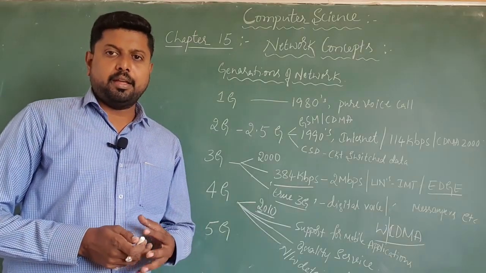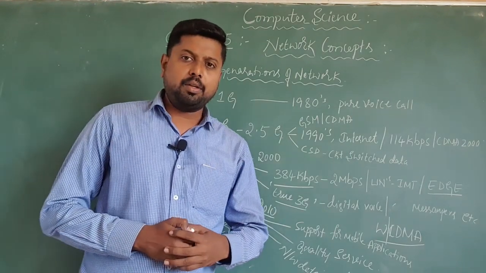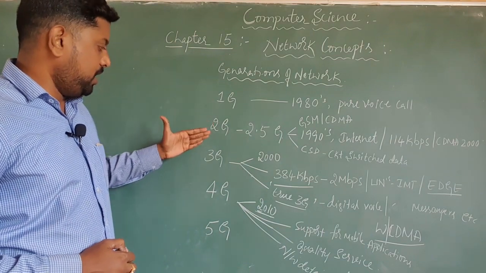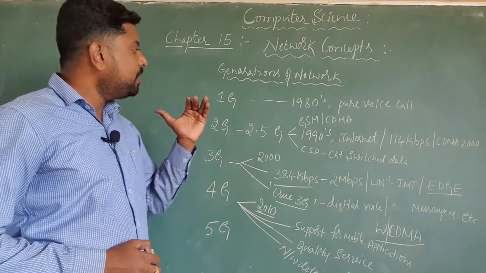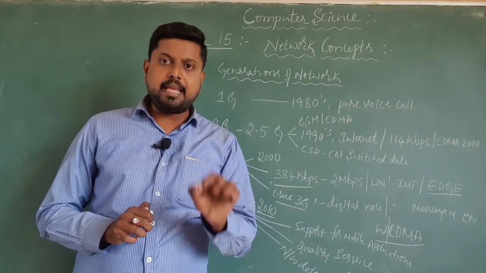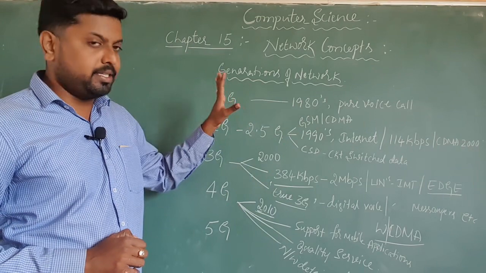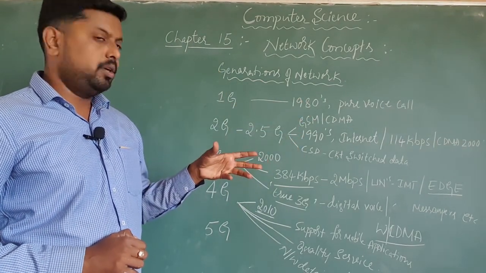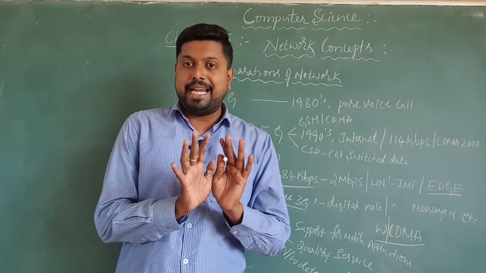Coming to the generations of the mobile networks, we have these many generations: 1G, 2G, 3G, 4G and a future 5G. Coming to the period before GPRS, in the 1980s, that technology supported only pure voice calls, not any internet application.